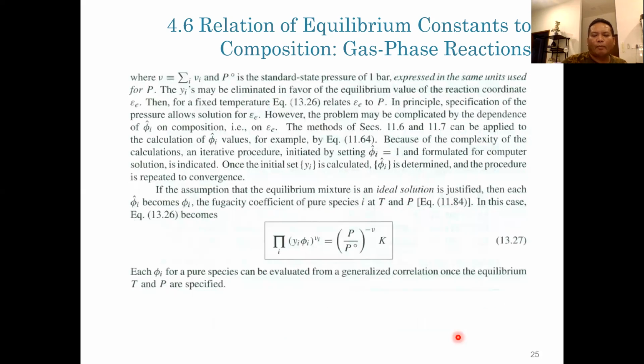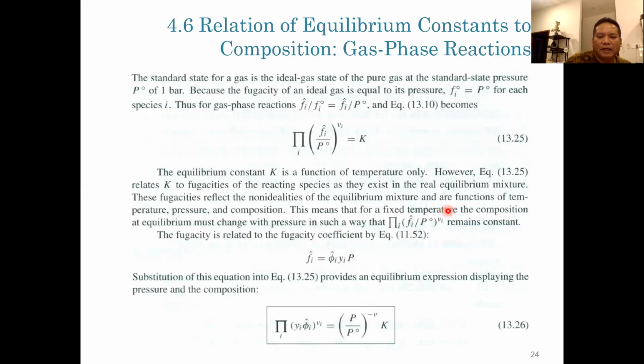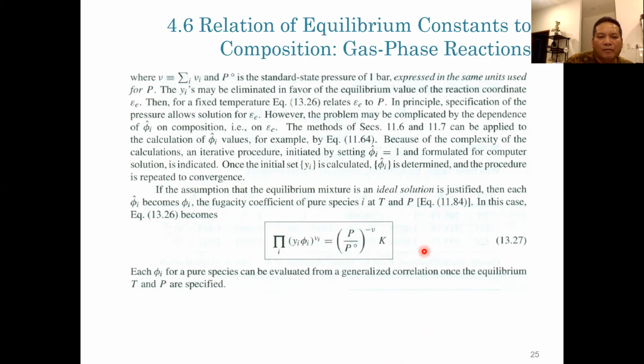If we assume that the equilibrium mixture is an ideal solution, then the phi for the species in solution should equal the phi for that pure species, so it should be the same. So we can rewrite this equation here, except that it's not in the solution form anymore.